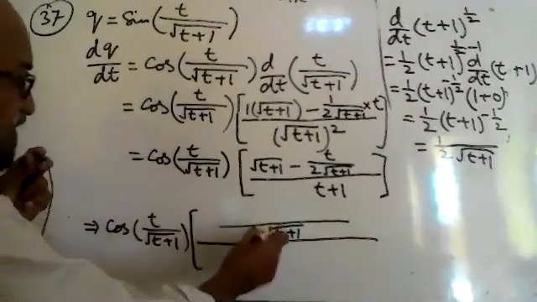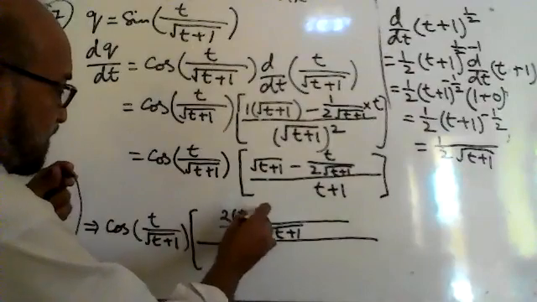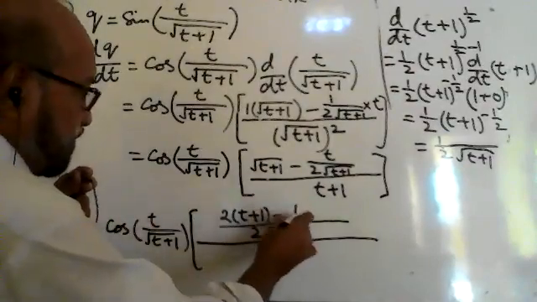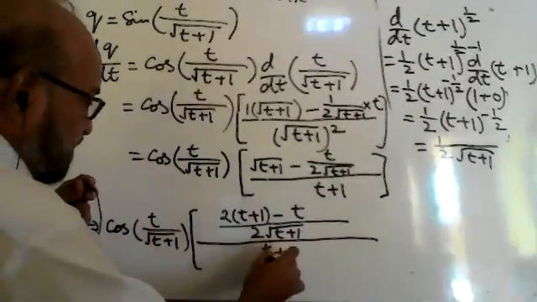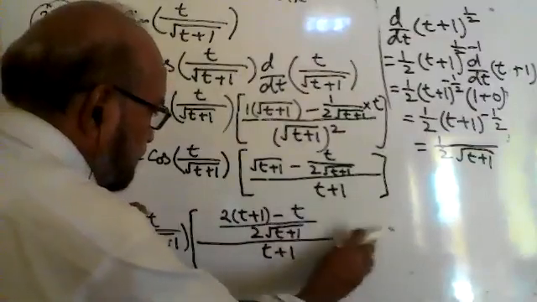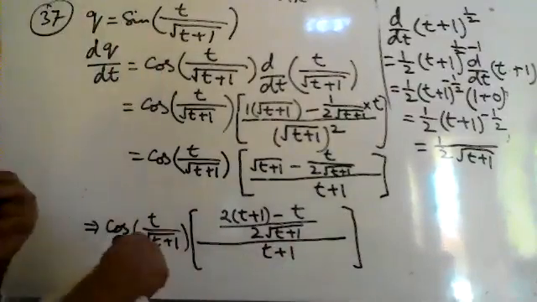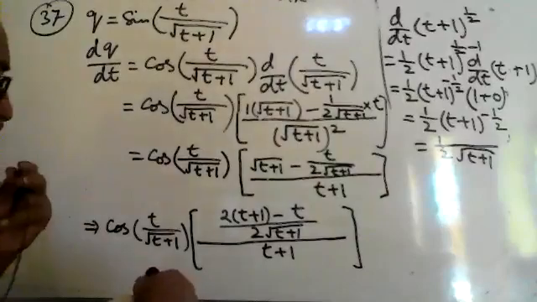So under root t plus 1 whole square. So it will become t plus 1. Square and root are cancelled. Minus t whole upon t plus 1. Now it might be simplified.